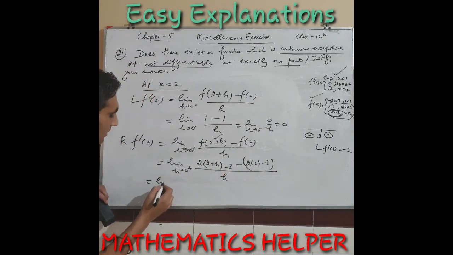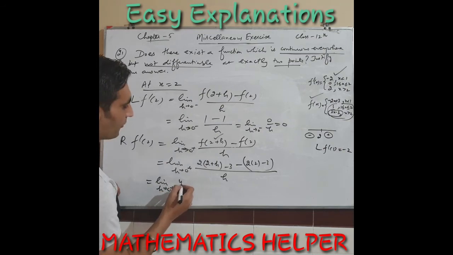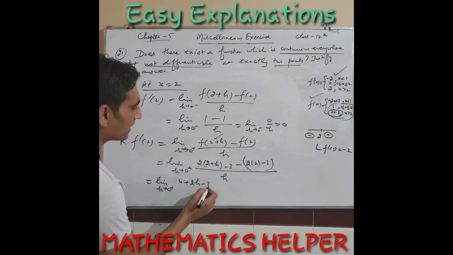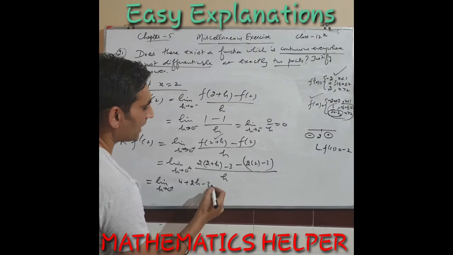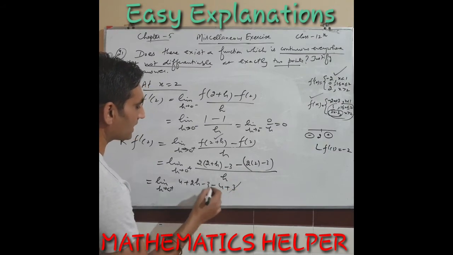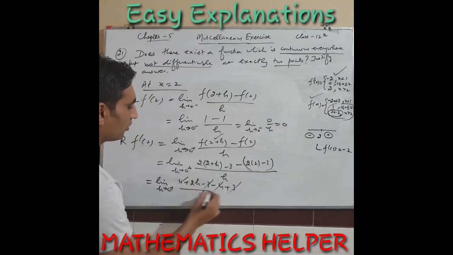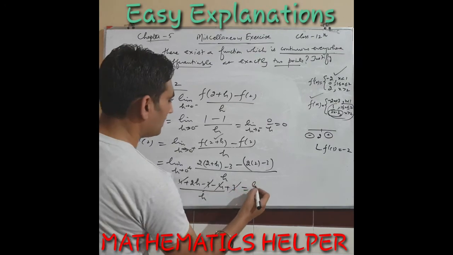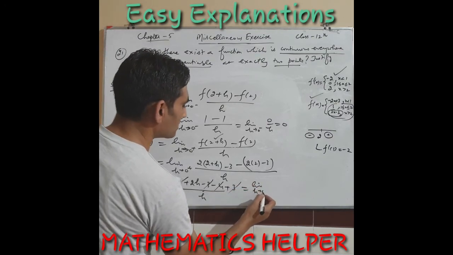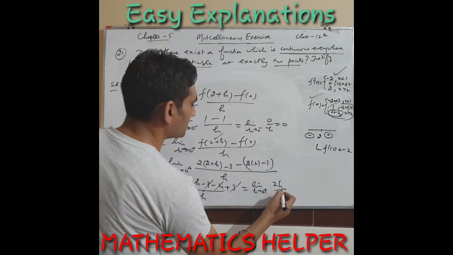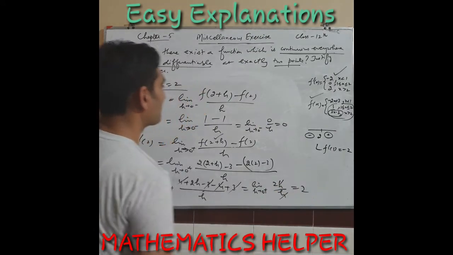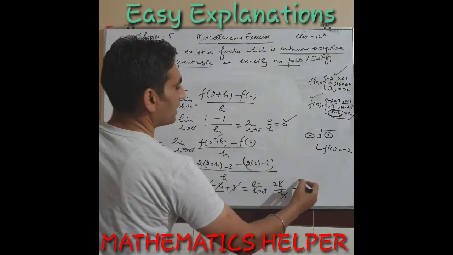It will be limit h approaches 0 positive, 2 into 2 is 4 plus 2h minus 3. It will be minus 4 plus 3. 3 cancelled, 4 cancelled over h, or limit h approaches 0 from the right, 2h over h, h cancelled, answer is 2. See here, answers are again not the same.